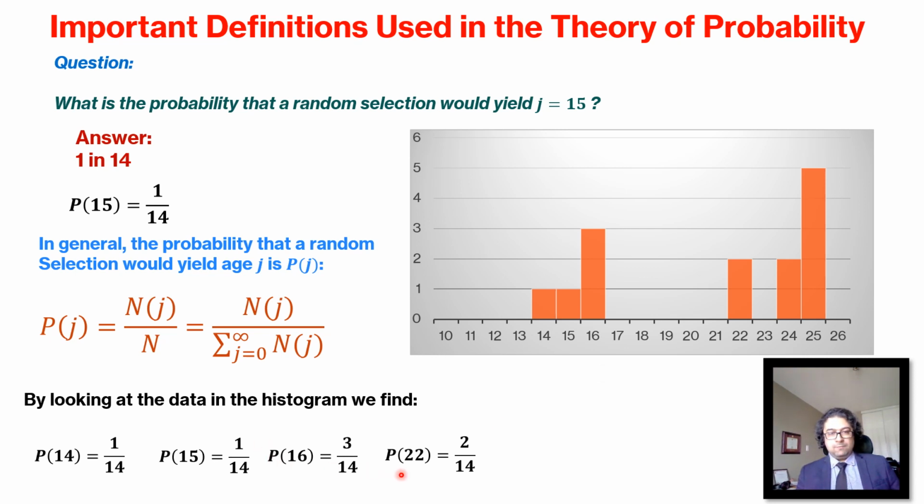The probability of finding a student at age 22 would be 2 out of 14. At age 24 would also be 2 out of 14. And finally, at age 25 would be 5 out of 14. So if I choose a random student from this classroom, I'm likely to find the student to be at age 25, because that is the highest probability.